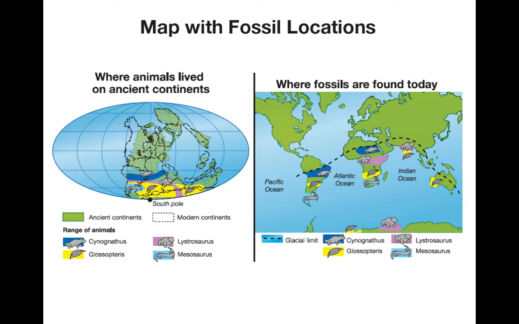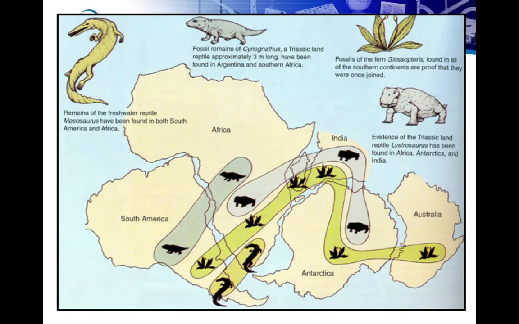So using that information, now looking, here's some fossil evidence that we have. You can see some different types of fossils. There's some reptiles, there's some ferns. You can see that they line up. If you look specifically at South America and Africa, look at those reptiles that line up. You can also see in southern India, over in Australia, you get those matching fossils that are lining up with each other.